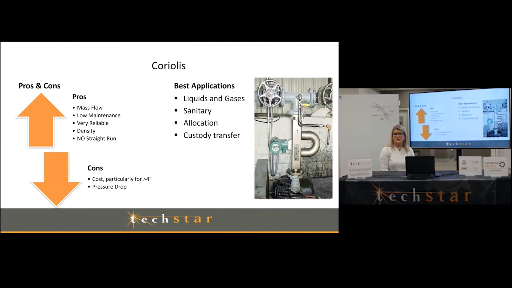There are some manufacturers that have tubes that are straight. There still will be a pressure drop in there because usually the tube inside the meter is not the same as the line that you're flanging it to. So there will be a pressure drop regardless of whether it's a straight tube or a bent tube meter.